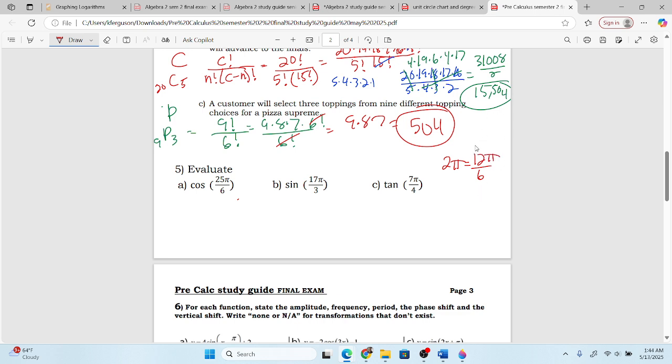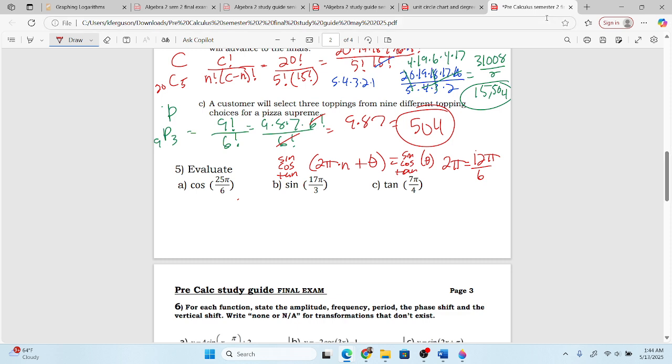And one of the laws that we got for these things is that if I have 2 pi times n plus theta, of sine, cosine, or tangent, my answer is just sine, cosine, or tangent of theta. Because the rotation kind of cancels itself out.